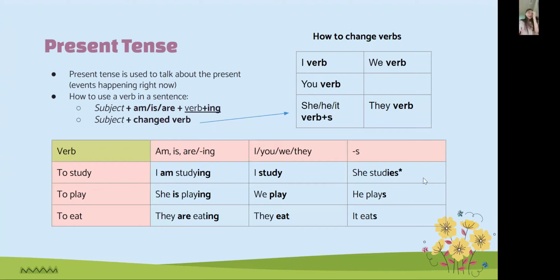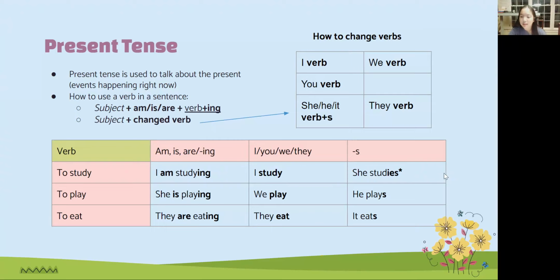A subject is the person who is doing the action. So like I am running, she is running, you are running. Can you say I am running, or she is running, or you are running?